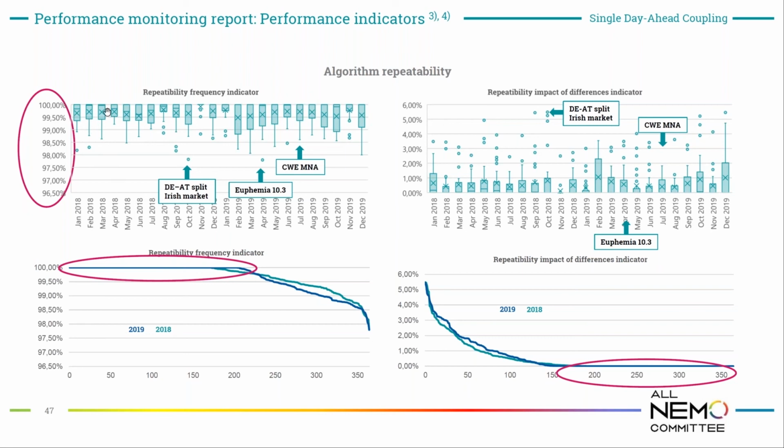So we are able to achieve 100% of repeatability in most of the sessions. And when we observe the impact, that means the difference in percent value with respect to the reference value we use, we observe that the impact is negligible or non-existing for most of the sessions.